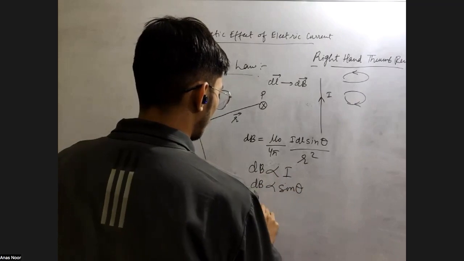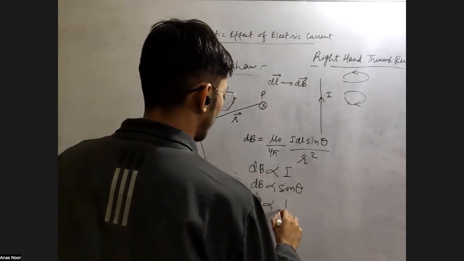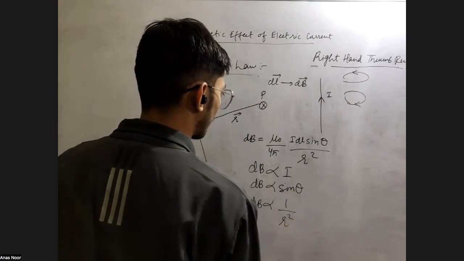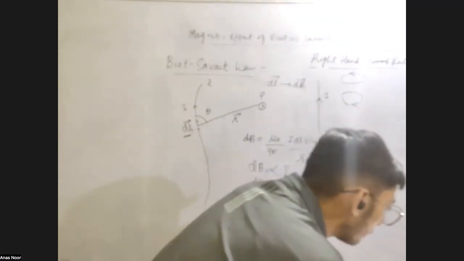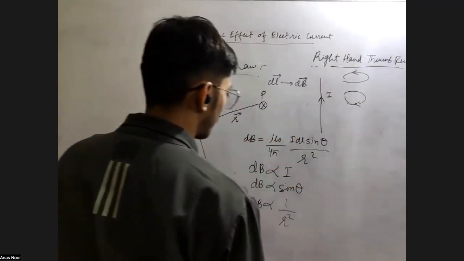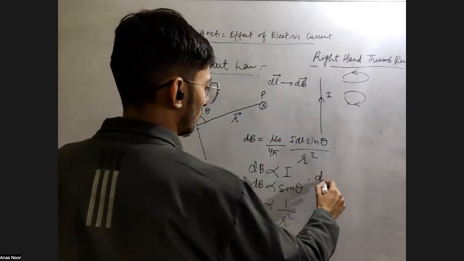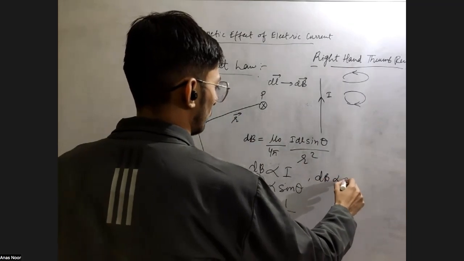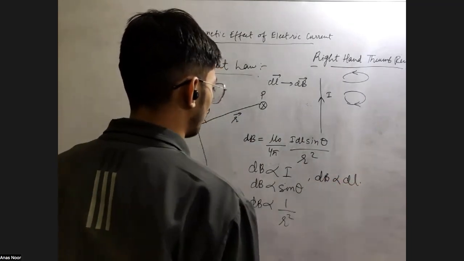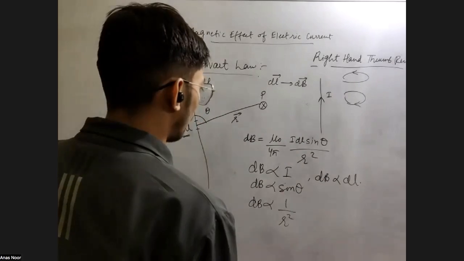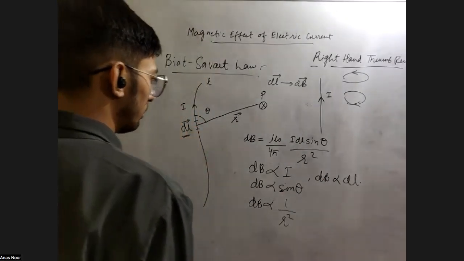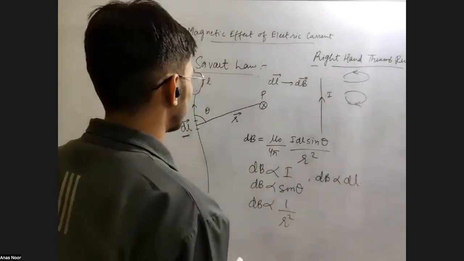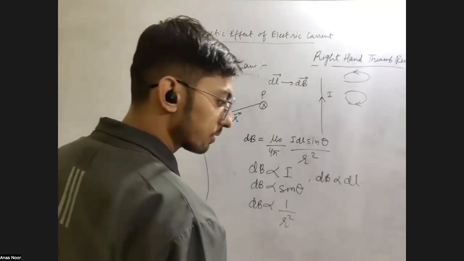This dB is inversely proportional to r square, and this is also proportional to dl. So first you should write this formula. Have you written this?